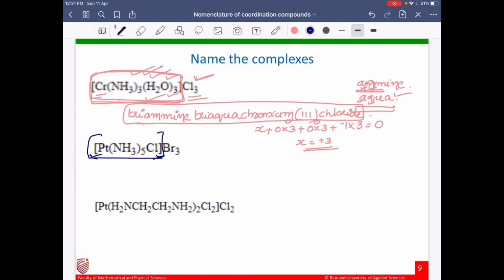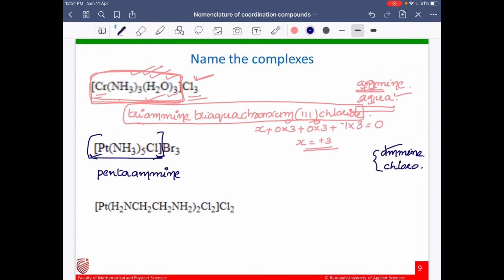How many types of ligand are there? Two types. One is ammine, the second one is chloro. As per the rule, alphabetical order, A should come first, so we should write ammine first. How many ammine groups? Five. Five is penta, so we should start with pentaammine.